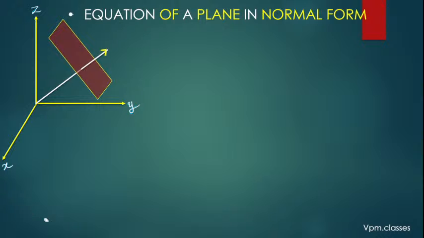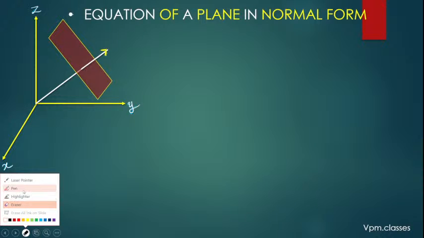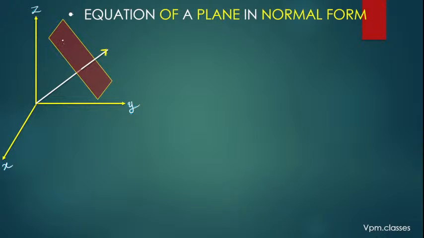Okay, look at this now. We already know that this point P has the coordinates x comma y comma z. So if I join the origin O and point P, I get my position vector r. So OP is my position vector r, which is given by x i cap plus y j cap plus z k cap.